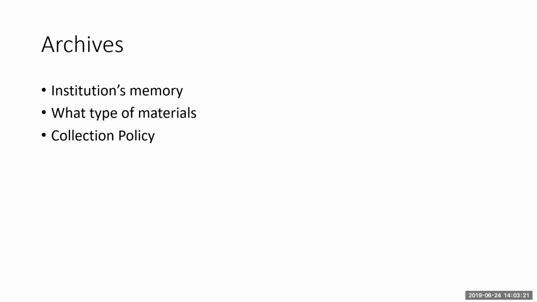And it's a good thing to start out with. And if you already have archives and materials in your institution, creating a collection policy now is a great idea. Kind of looking over to see what kind of materials you have and then creating a policy about that. You can also update your policy depending on what kind of materials you eventually want to keep.